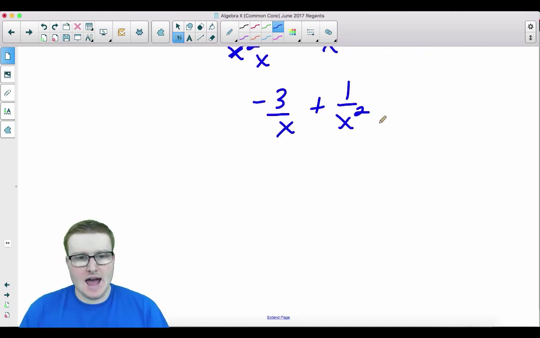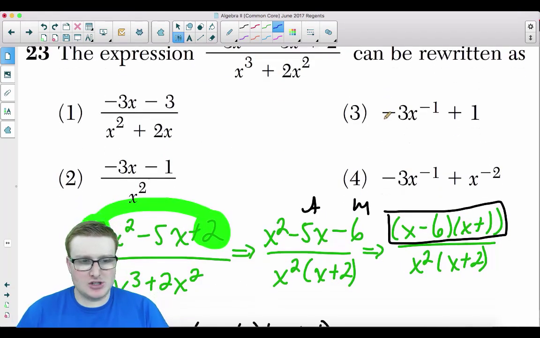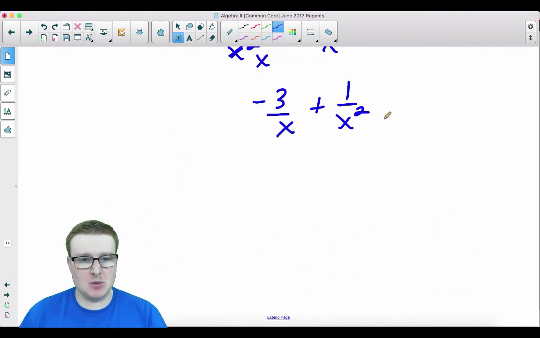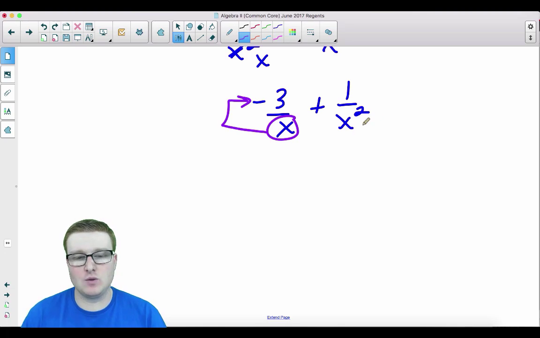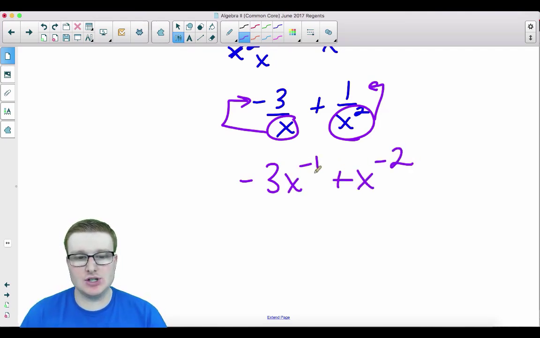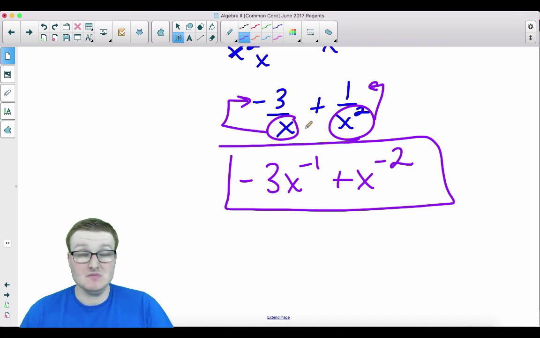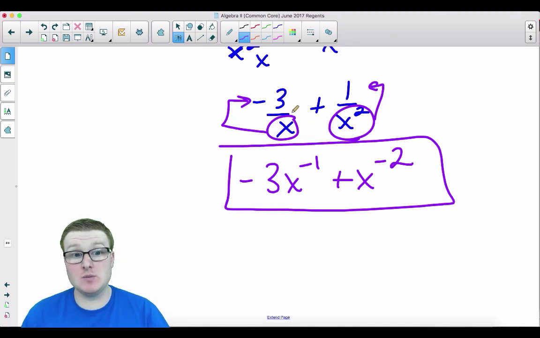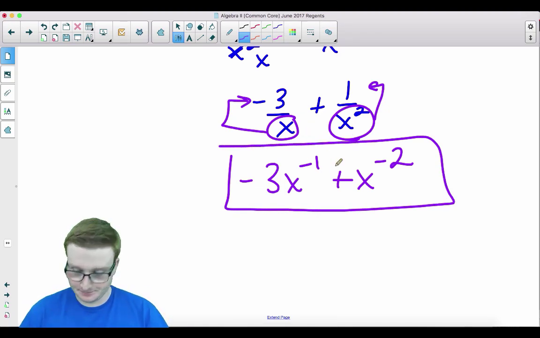Okay. Now what we need to do, and if you look at your answer choices, everything's manipulated with negative exponents. So what they want you to do is take this x, move it up here, make that a negative 1. Take that x squared, move it up here, make that an x to the negative 2. So this is negative 3x to the negative 1 plus x to the negative 2. Because since the exponents are positive down here, if you move it up, you make it negative.